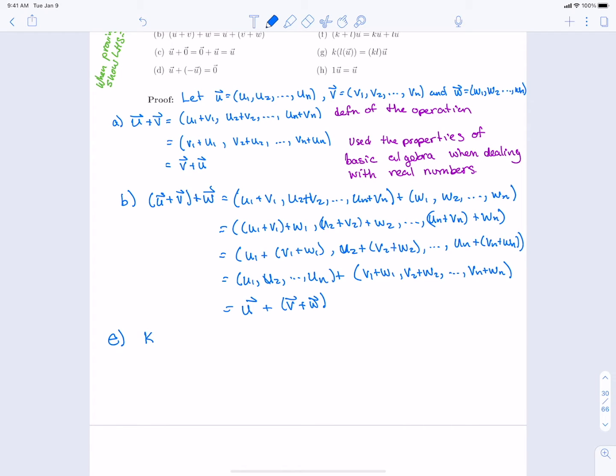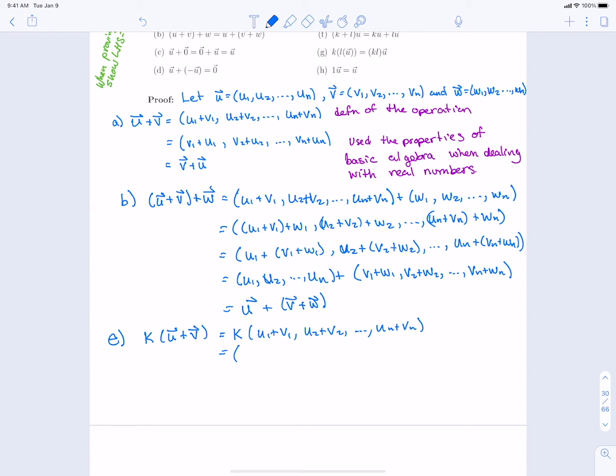So it's k times u plus v. And I want to show that's the same as if I distributed the scalar inside to both u and v. Well, that's the same as saying k times u1 plus v1, u2 plus v2, un plus vn.